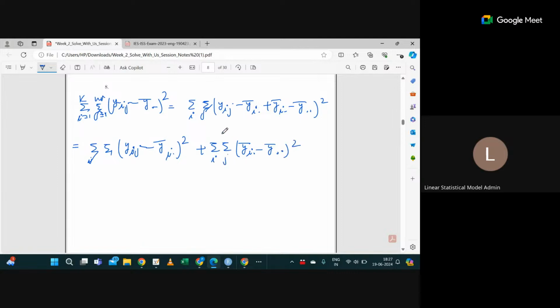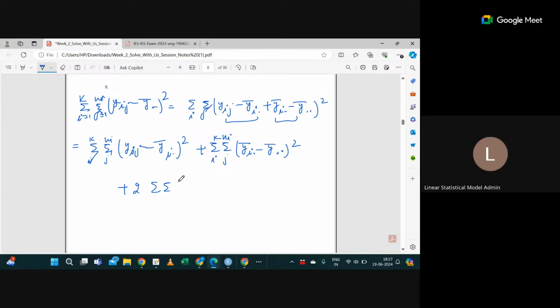Yes or no? I split this as a and this as b, so I can write these two, right? Then what should be the next term? It should be 2 times the double summation of the product of these two. Yes, okay.